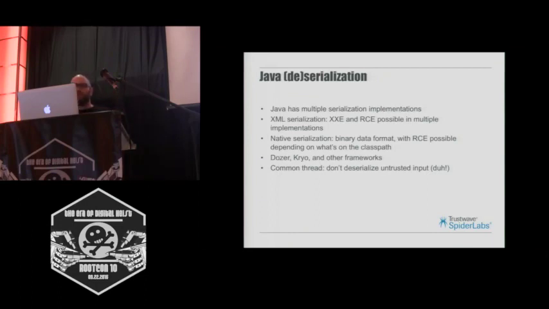But there are also other frameworks available. There's various frameworks for XML serialization, so converting an in-memory Java object into an XML document that represents that object, and then back again. And there's a whole bunch of different frameworks, Dozer, Kryo, etc. for this. But basically, every single one of them is vulnerable to remote code execution.